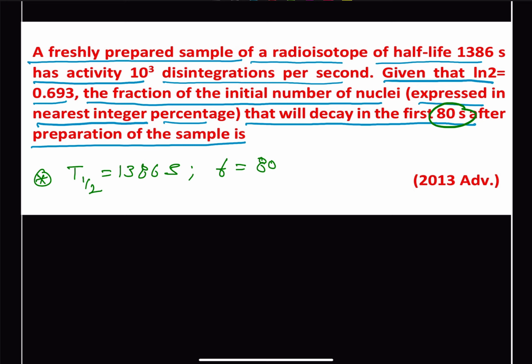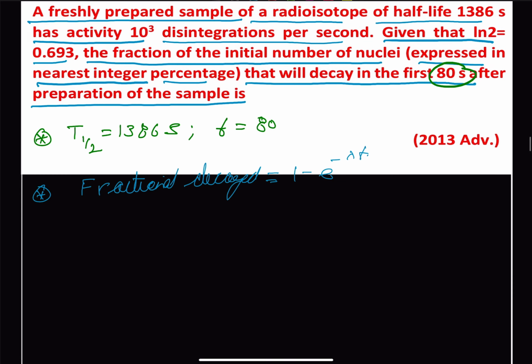We can use the formula that the fraction decayed is equal to 1 minus e raised to the power minus lambda t, and we can easily find lambda.